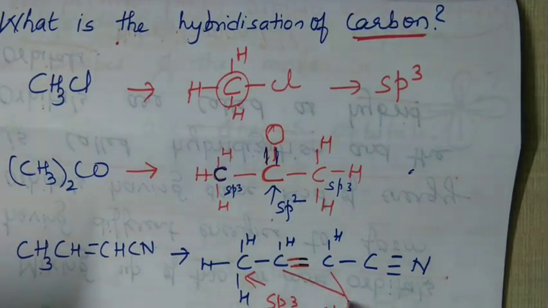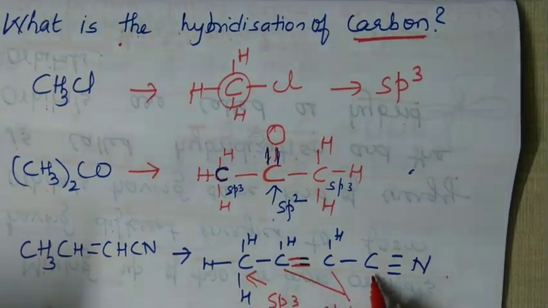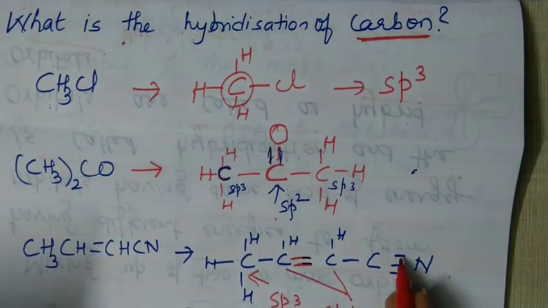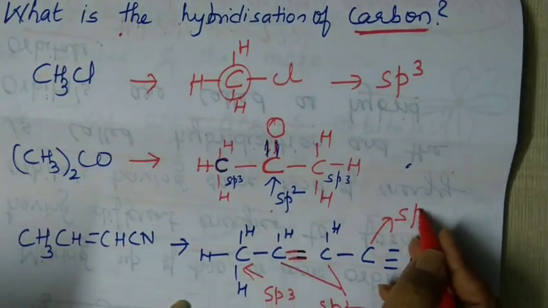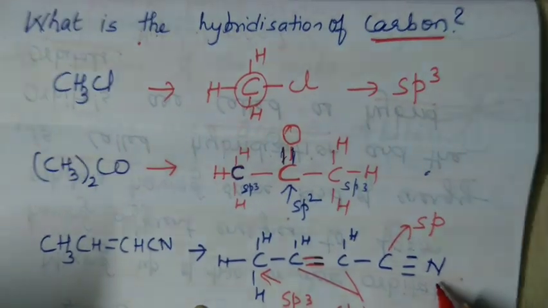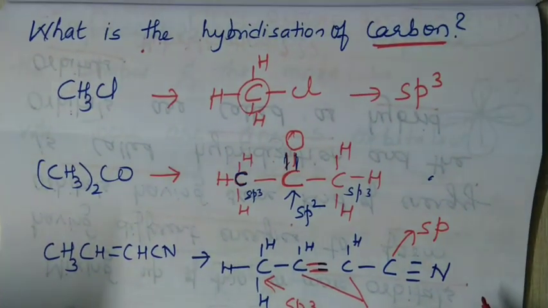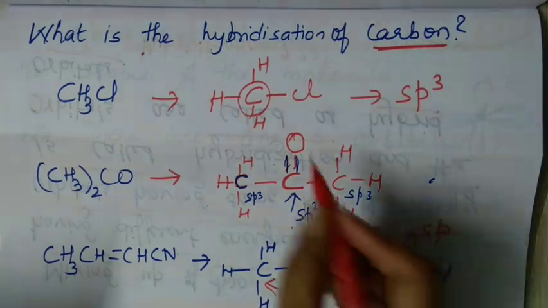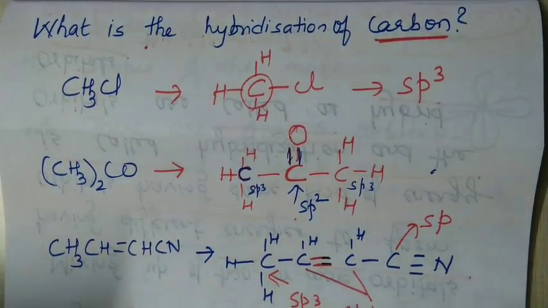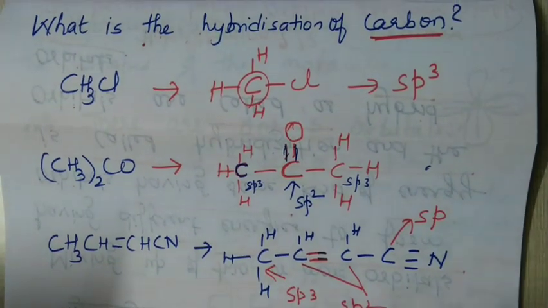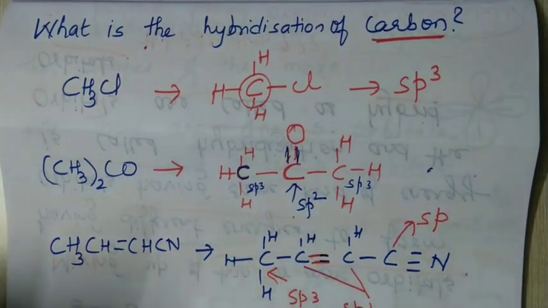Double bond is present. sp2. Look at this. Forget the single bond. You have a triple bond. Therefore it should be sp hybridization. Nitrogen, you don't know. We are talking only about hybridization of carbon. Hope again you have understood how to identify the hybridization.